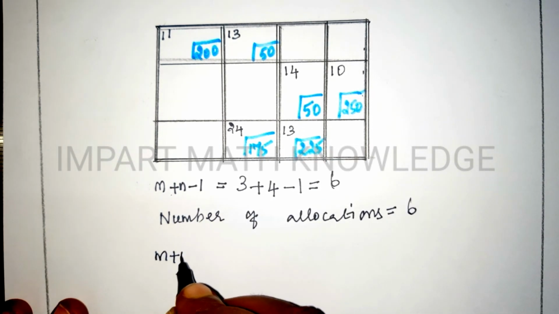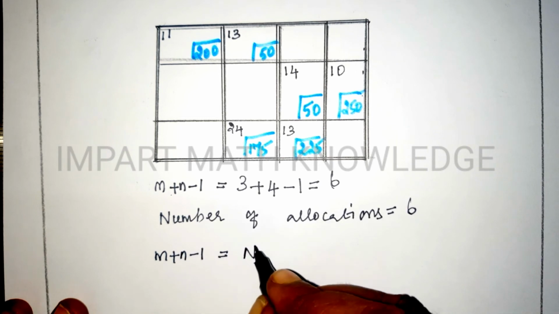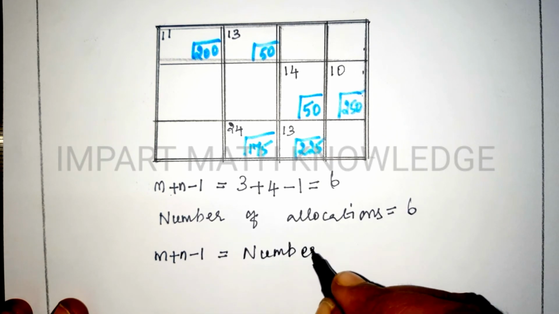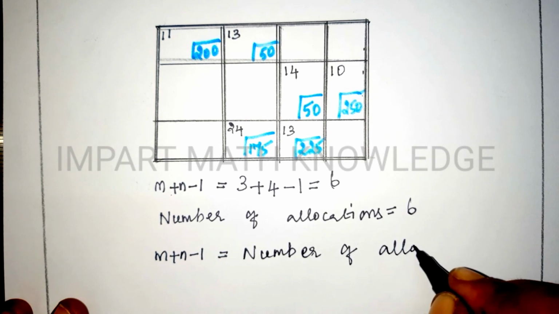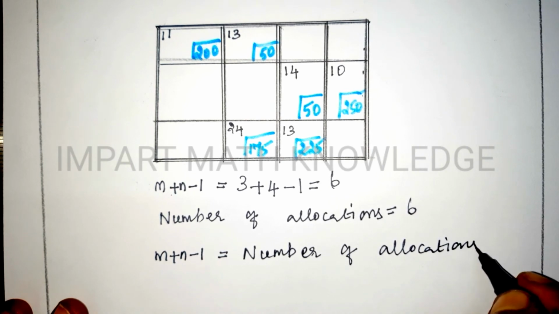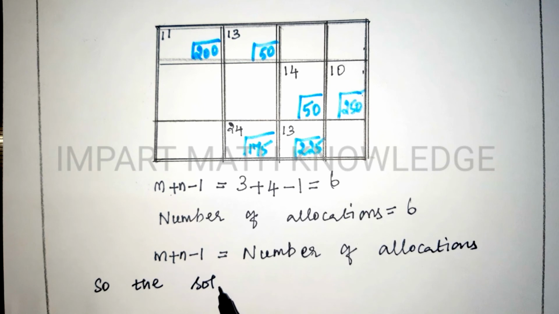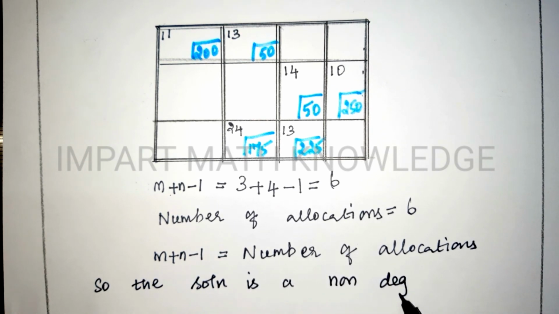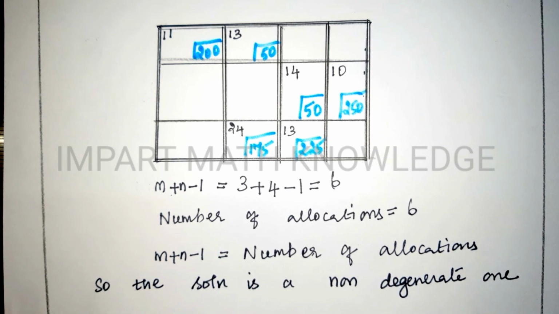M plus n minus 1 is equal to the number of allocations. So the solution is a non-degenerate one.